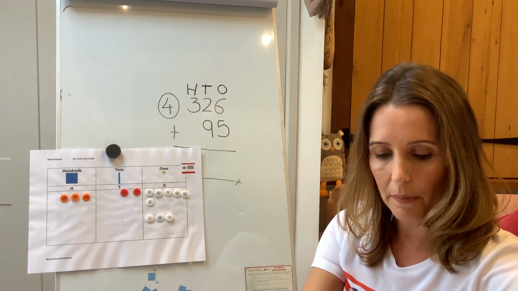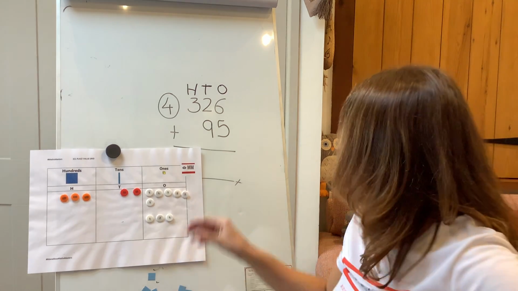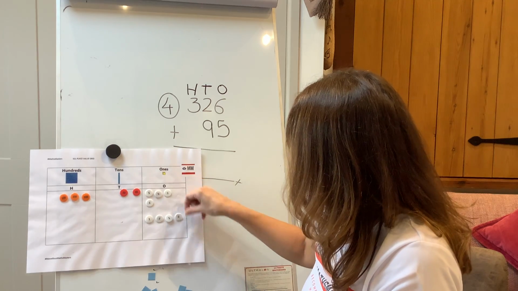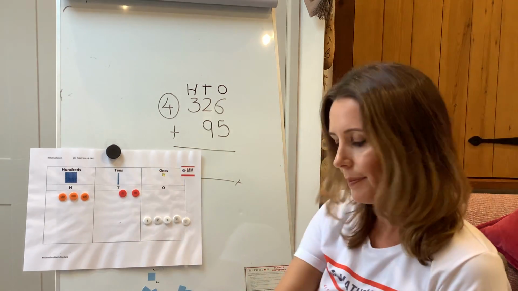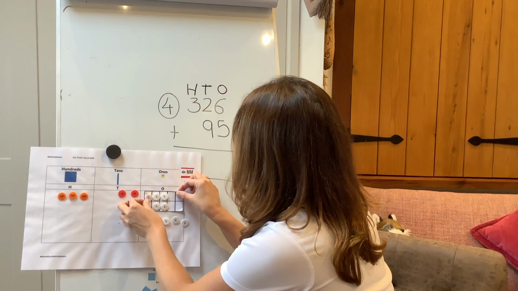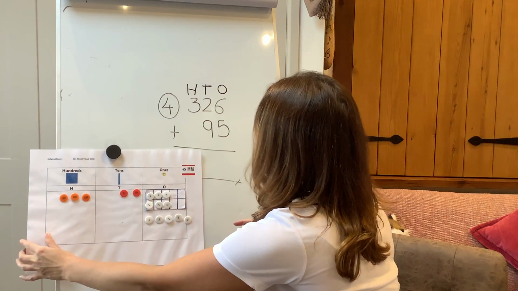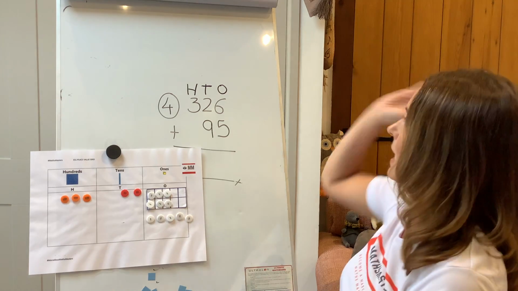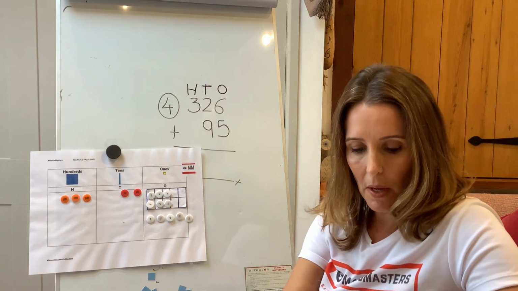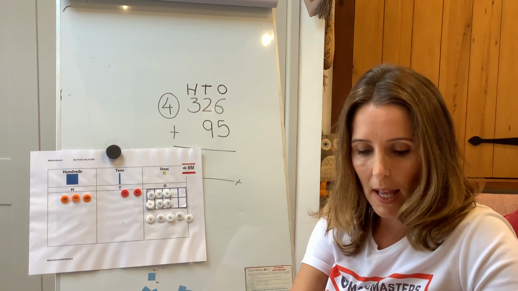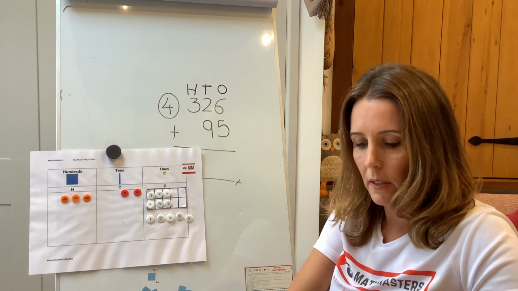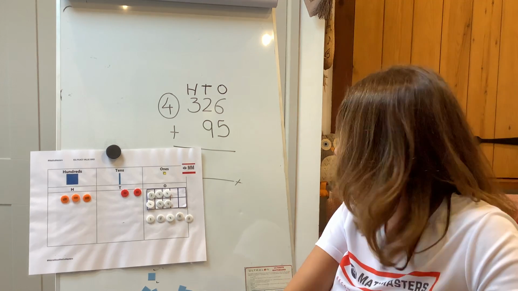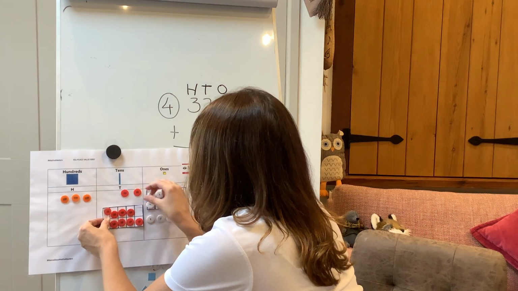So what I'm going to do is replace those, put my 5 there, and replace those for tens frame. And then we've got 95. So I'm going to use a 100 frame with the tens on to show 90.